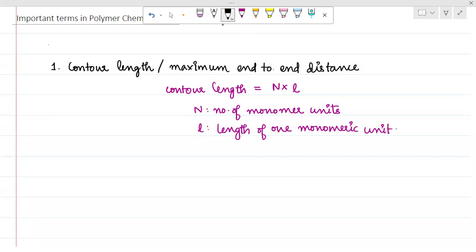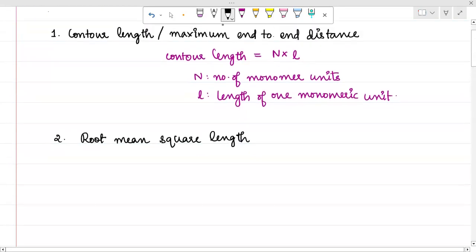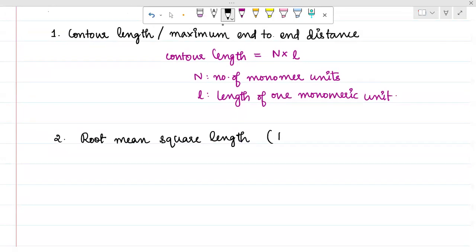Next one is root mean square length. Now, most of the parameters that we are going to learn after this are related to root mean square length. So you have to know that it's represented as R_RMS.